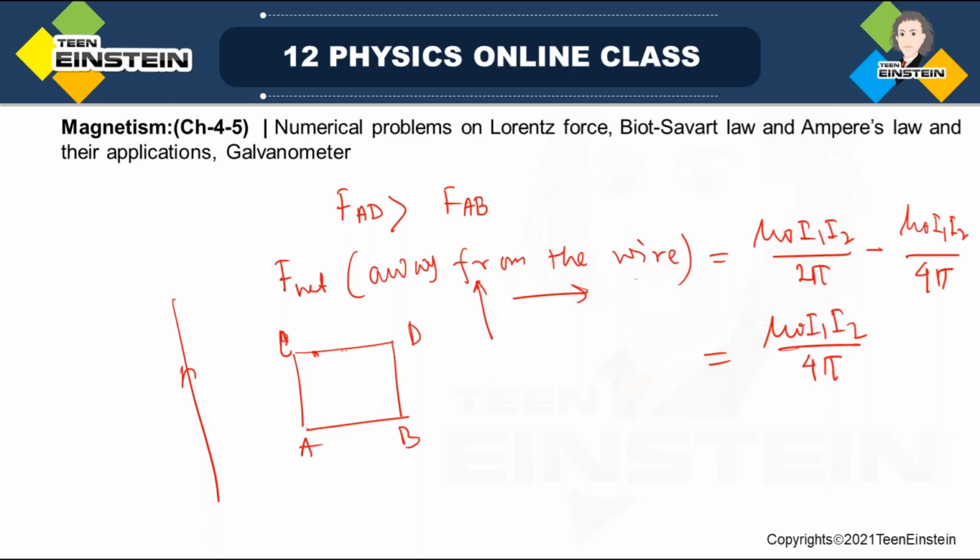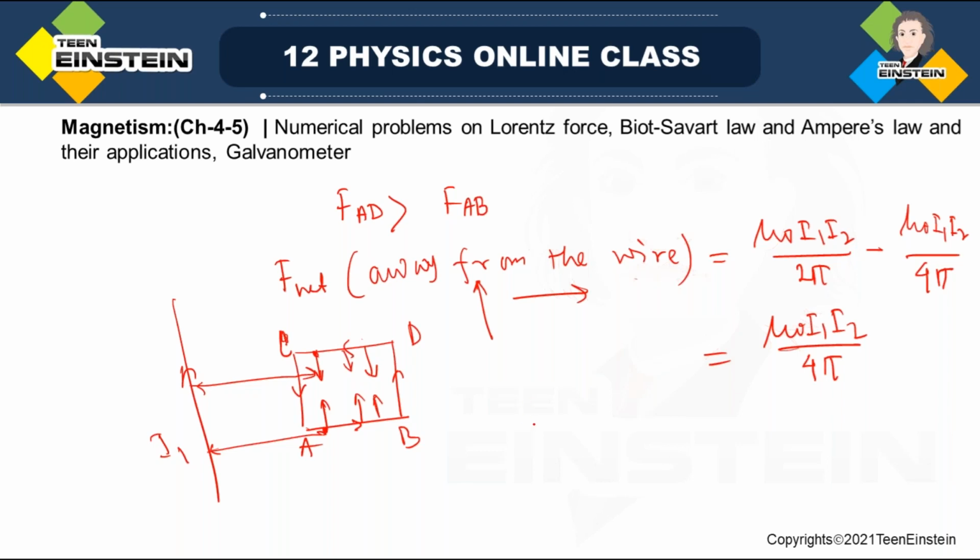At each point, there will be a corresponding point here. So here the magnetic force will be this way, here this way. These two forces are equal in magnitude because they are at equal distance from the current carrying wire I1. So the magnetic forces on CD and AB are equal in magnitude but act opposite to each other.